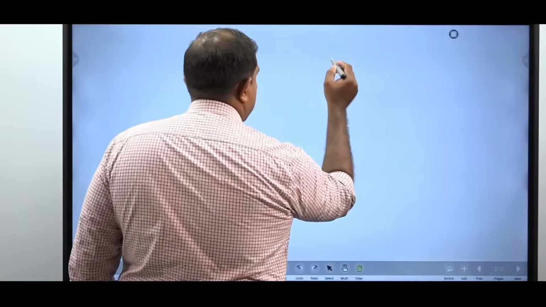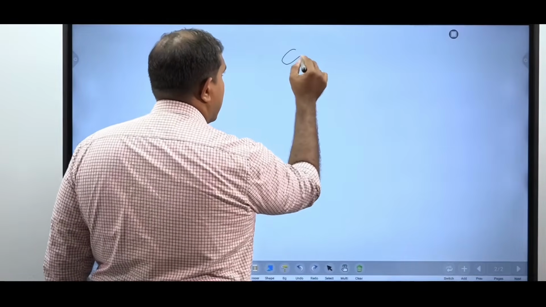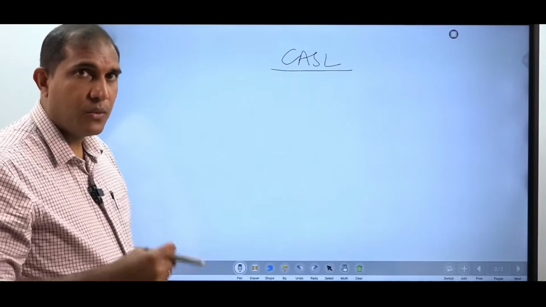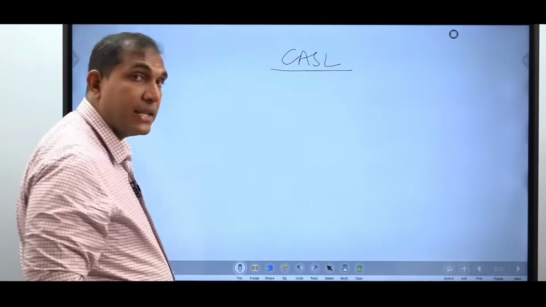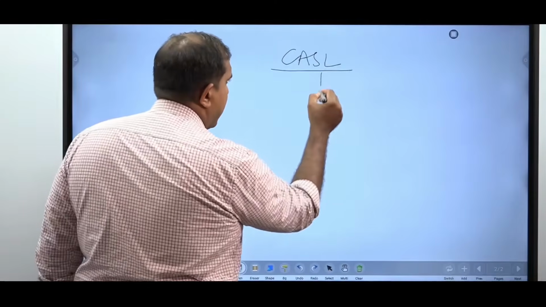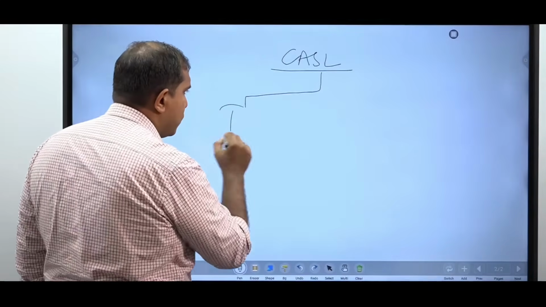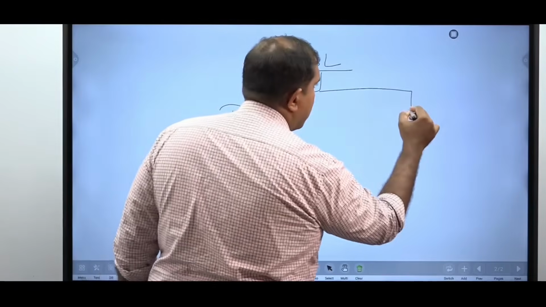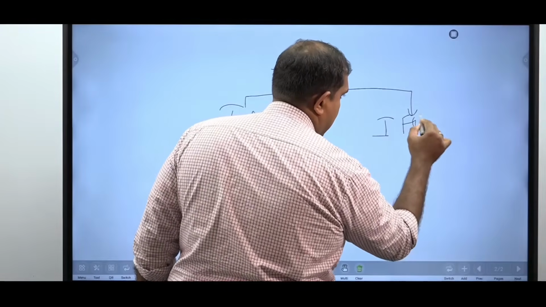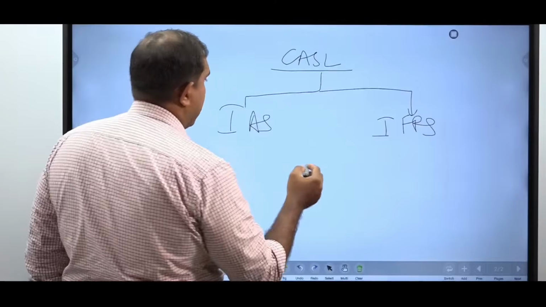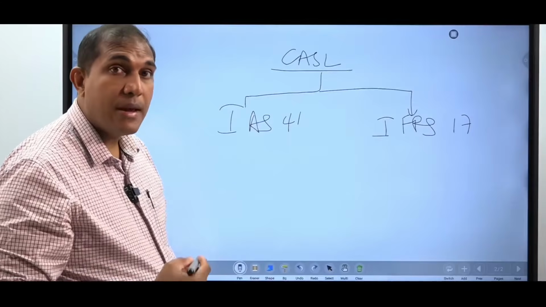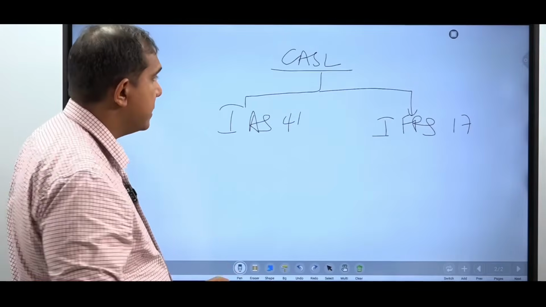Now, as I mentioned earlier, CA Sri Lanka is the main accounting body in terms of accounting standards and has the power to issue them. As you are aware, there are two names for International Accounting Standards, 41 IAS and 17 IFRS, but we have to have our own name for these standards.